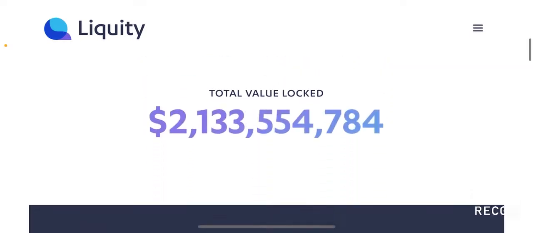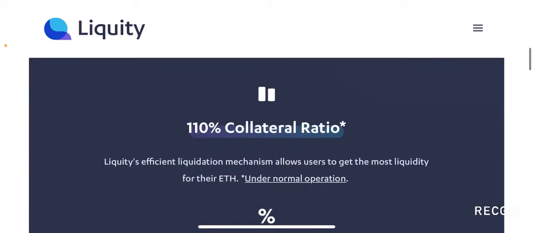So what's the total value locked of this project? There's already $2.1 billion locked in this particular platform, which is mind-bogglingly crazy. And if you see, they have some cool features such as 110% collateralization ratio. Liquity's efficient liquidation mechanism allows users to get the most liquidity for their ETH. Again, this comes under normal operation conditions.